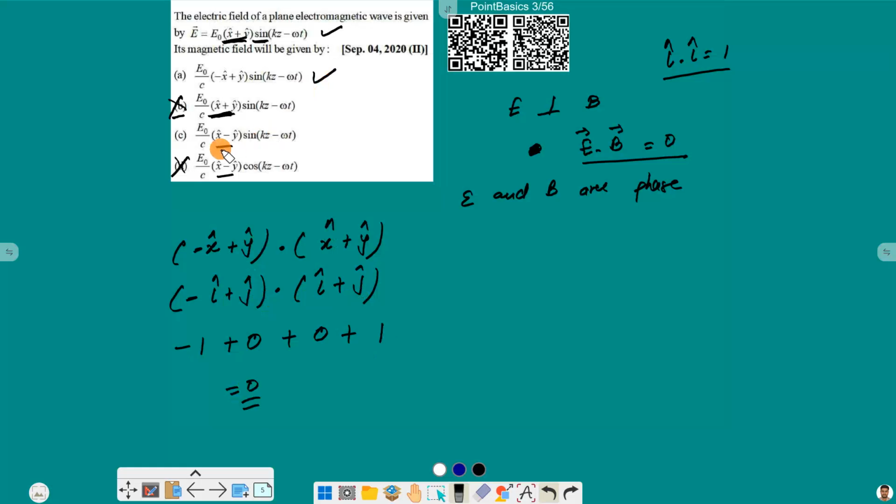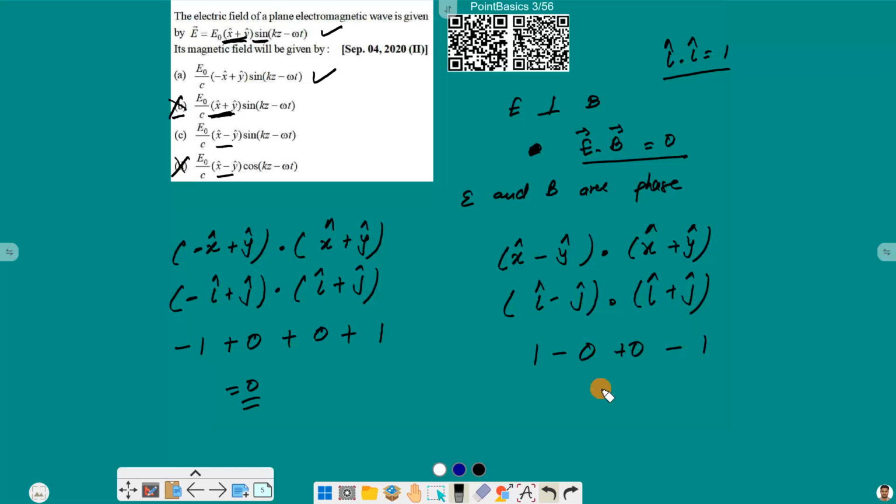So this option satisfies. Let us see the second one, x minus y dot x plus y, and for that we will get I minus j dot I plus j, and this will be I square, that will be 1, minus j dot I 0, plus I dot j 0, and minus j square, that will be minus 1. So both of these options are satisfying the equation. So from this, both can be the answer.